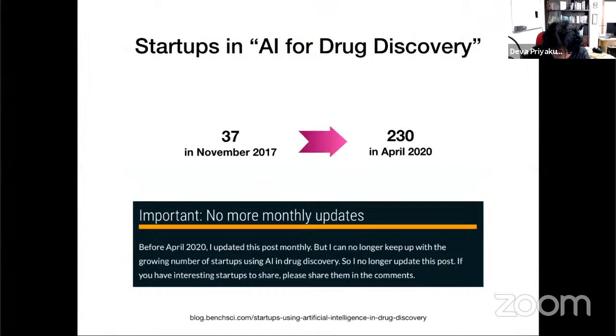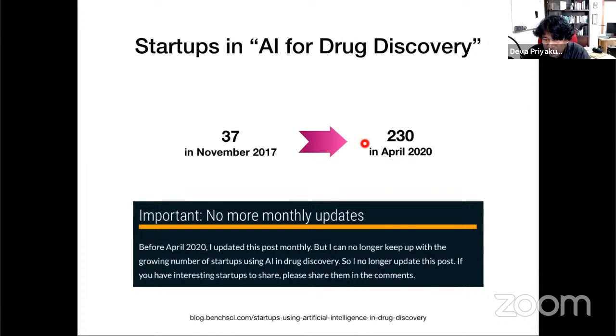All right. Just to give one statistic of how AI methods are seen as a very disruptive technology in the drug discovery space: in November 2017, about 3 years ago, there were 37 startup companies, mostly in the US, in the space of AI for drug discovery, doing some drug discovery aspect using AI-based methods.